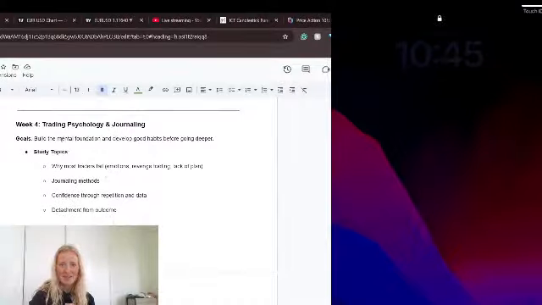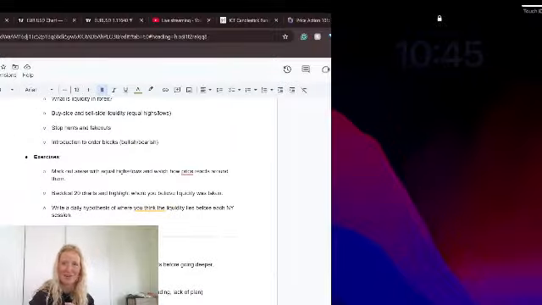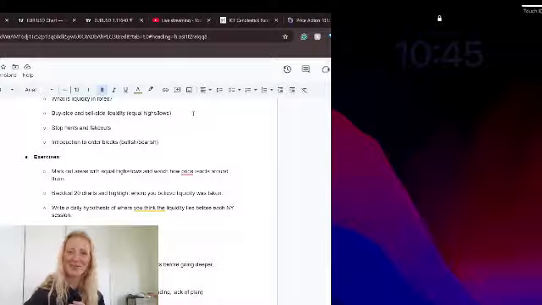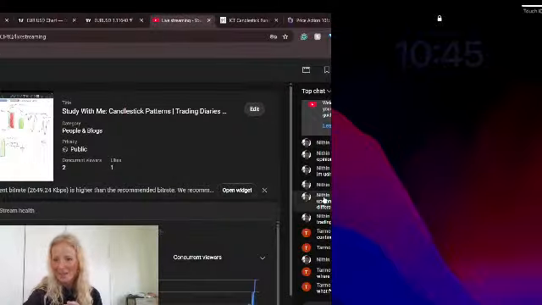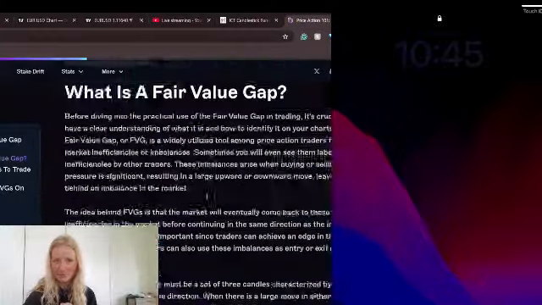And then a little bit of psychology. And then after that, I'm really moving into the more advanced and in-depth stuff. On that page, second paragraph defines what FVG is. Let's see.